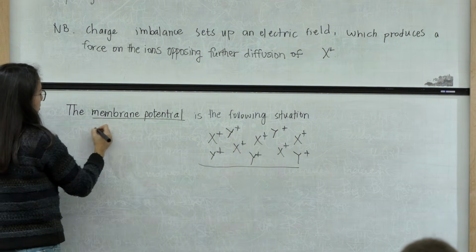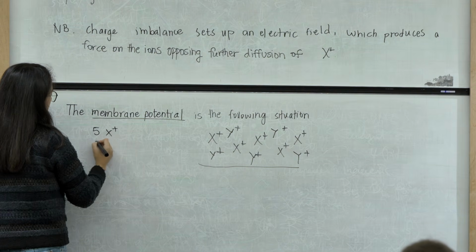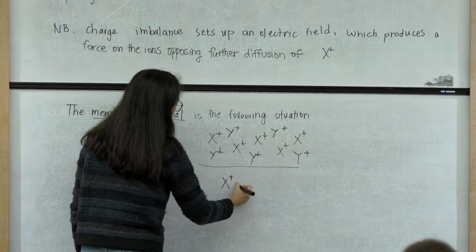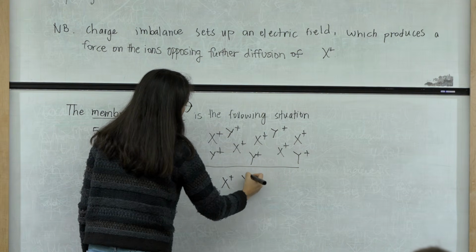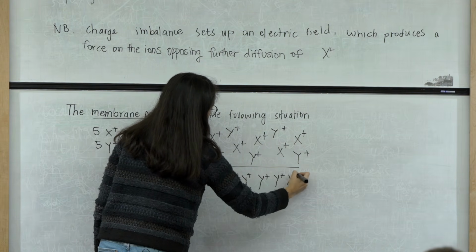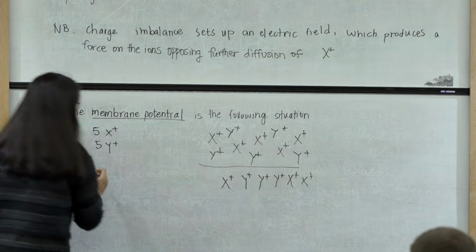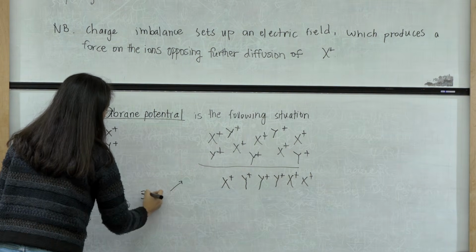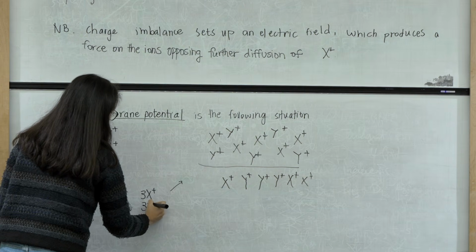So just as a note, I'm drawing this. And I'm going to have on the other side, again, an equal number of X and Y. Let's say we have 3, though. So it's different on the two. So on this side, I have 3 X plus and 3 Y plus.